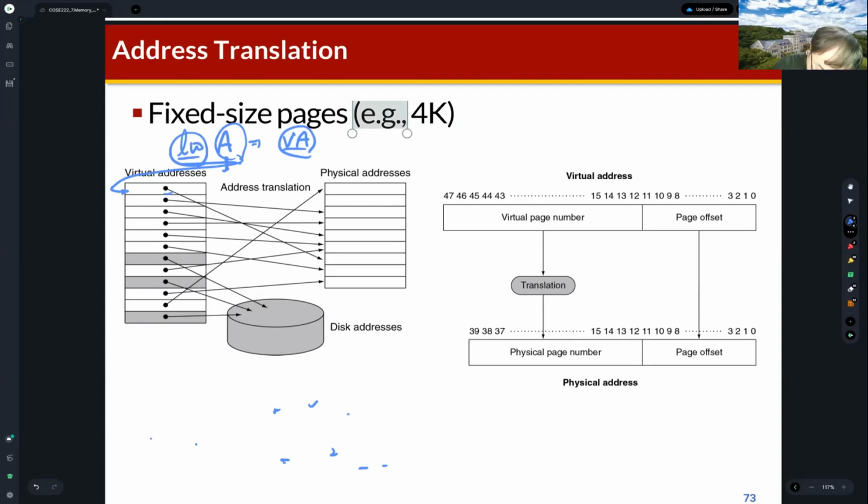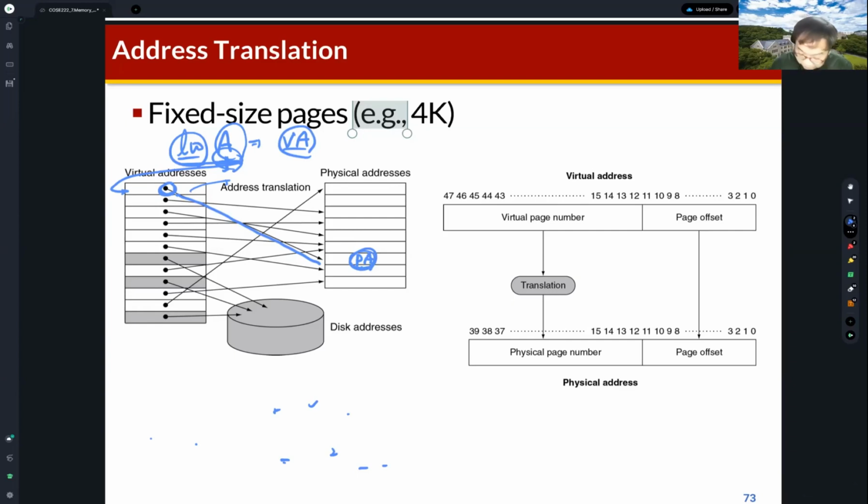Then if this virtual address is mapped into this physical memory space, it means that if our application accesses the data using this virtual address, this data is found in main memory, so it's physical memory, right?